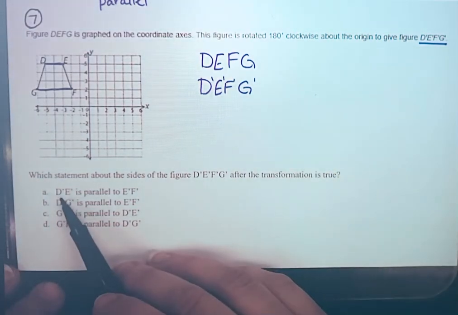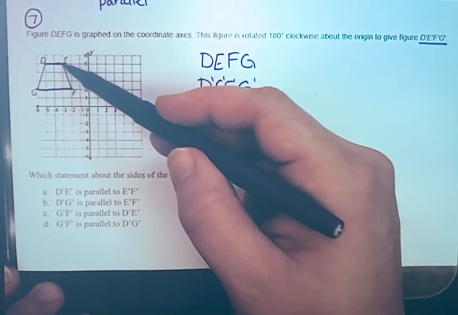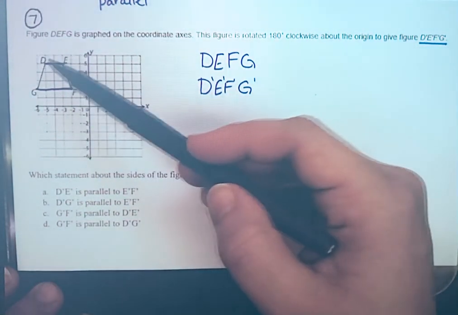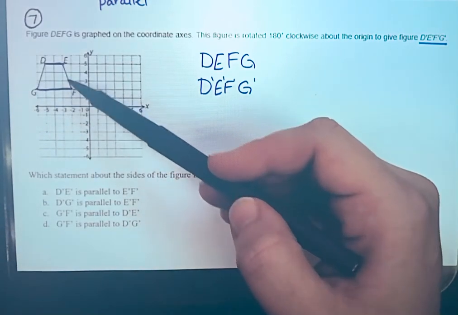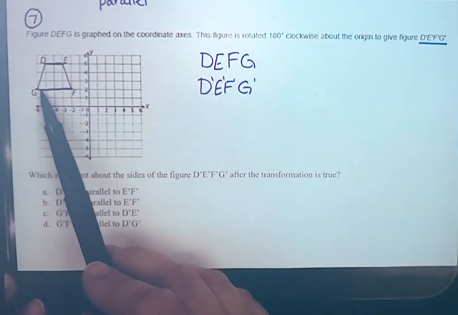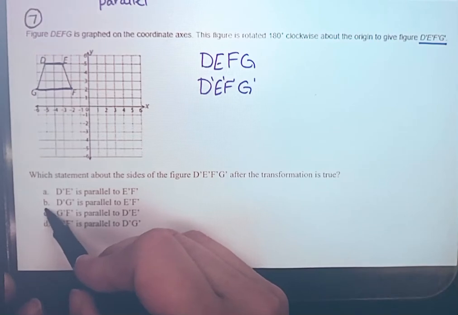So let's go through the list. DE is parallel to EF. That is not true. DG, right here, says it's parallel to EF. That is not true. GF is parallel to DE. That one is true.